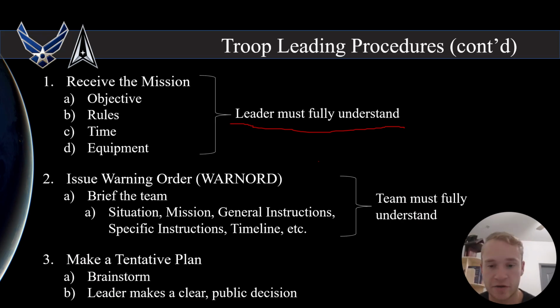You can do this as one big group, or you can split your group and delegate as you wish. You can split them into separate groups as long as they reconvene, and at the end of it, your leader makes a clear and public decision on one course of action.